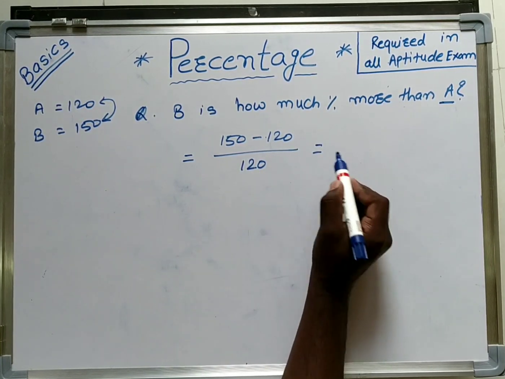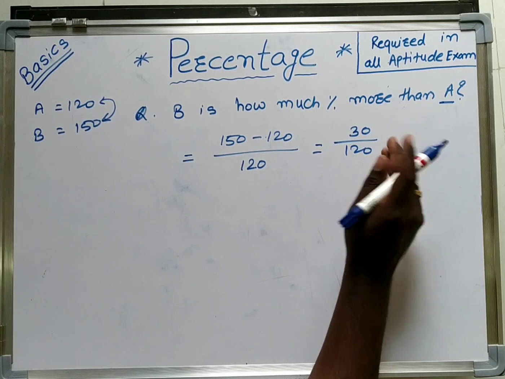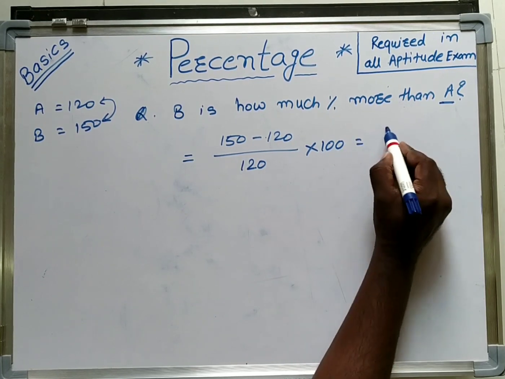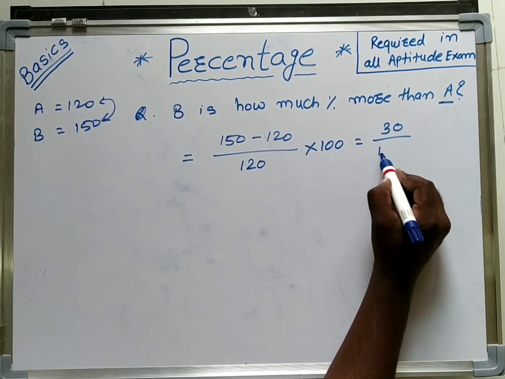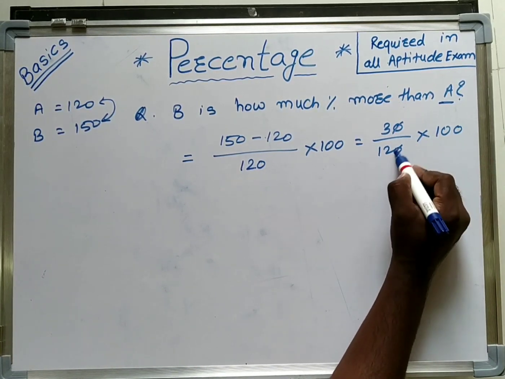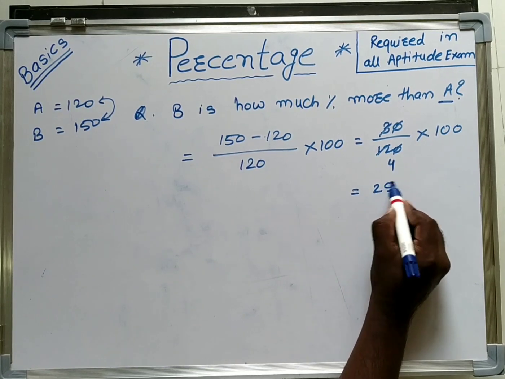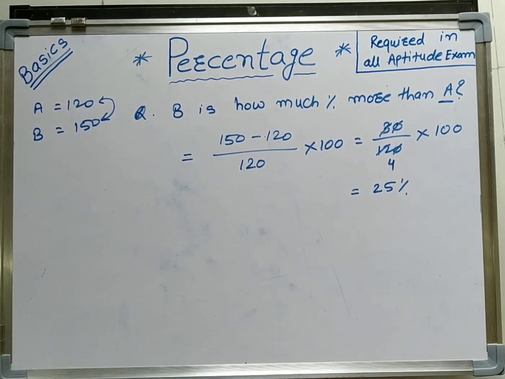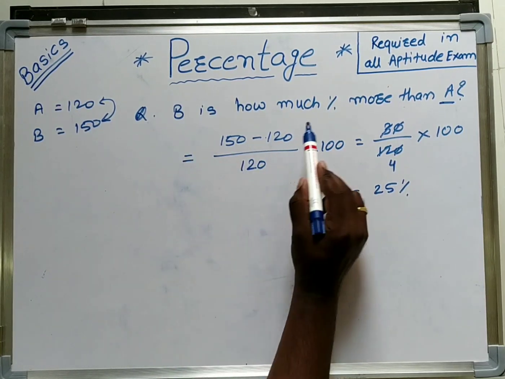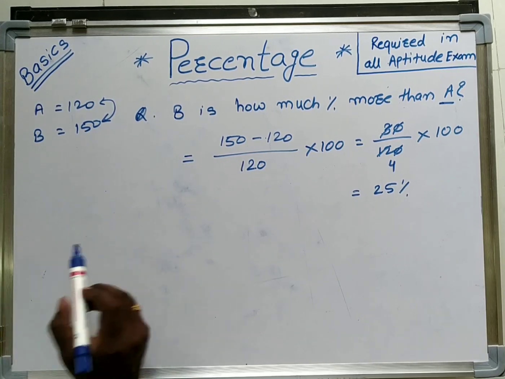In a similar way we can write 30 upon 120, multiplied by 100. The zeros cancel, 3 4s are 12, and the answer will be 25%. So B is 25% more than that of A.